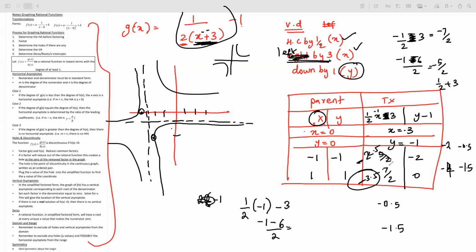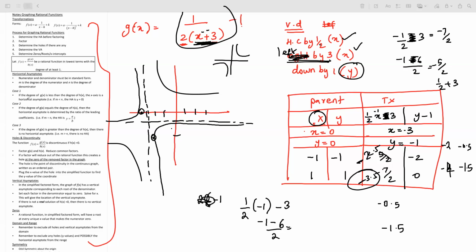Okay, so it's -1/2. -1/2 -3 is what? Minus 3.5, minus 3.5 comma minus 2.